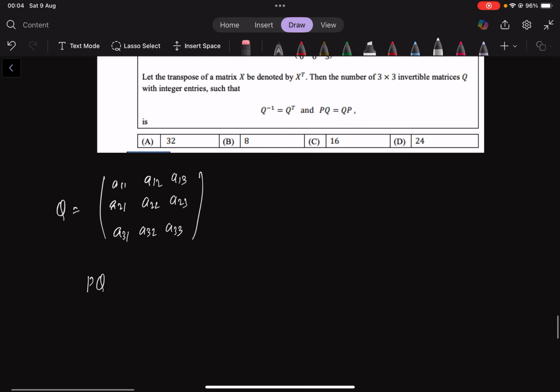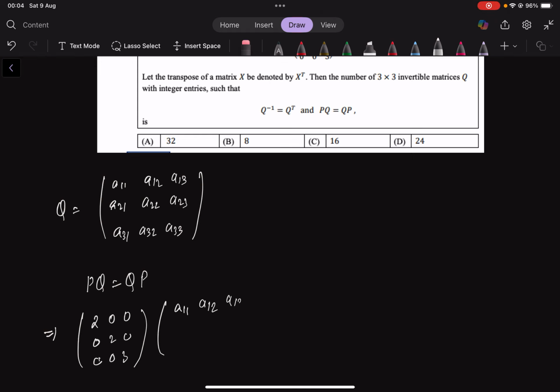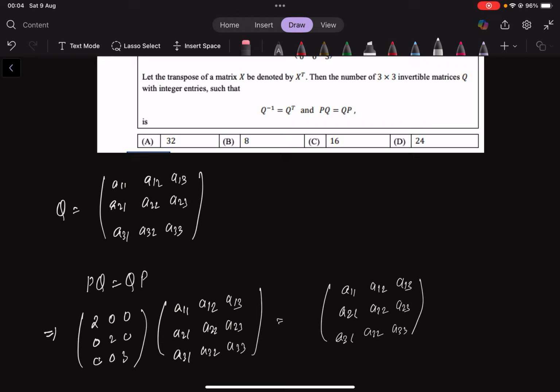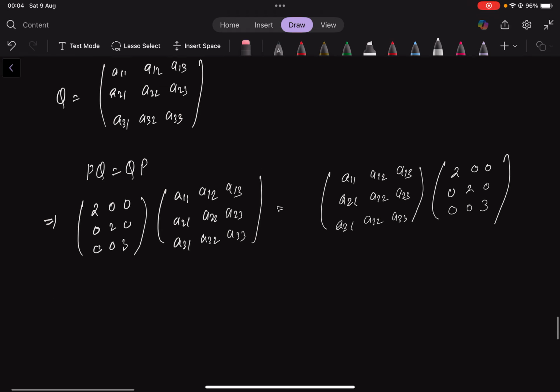Now P times Q is equal to Q times P. So that means 2 0 0, 0 2 0, 0 0 3 times A11, A12, A13, A21, A22, A23, A31, A32, A33 is equal to A11, A12, A13, A21, A22, A23, A31, A32, A33 times 2 0 0, 0 2 0, 0 0 3.